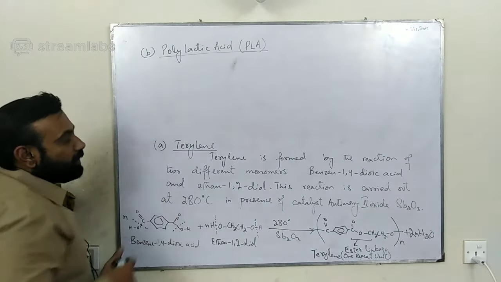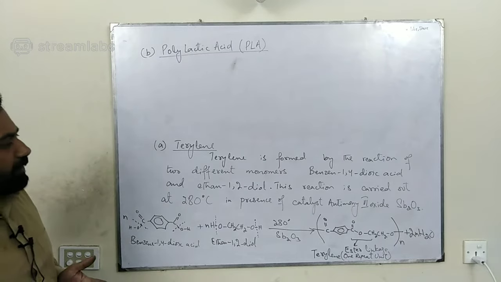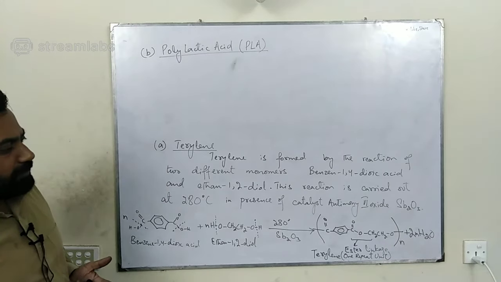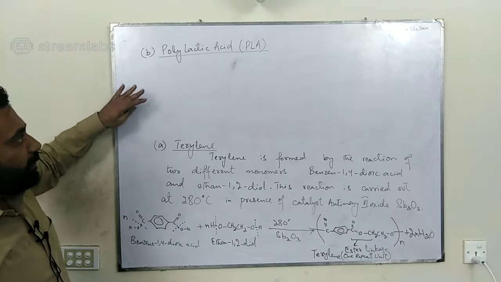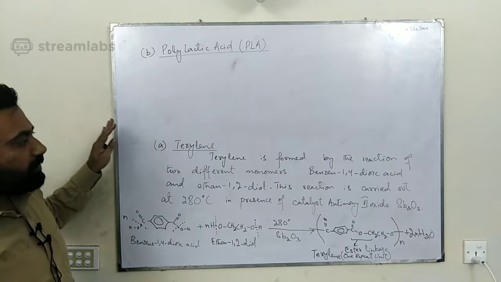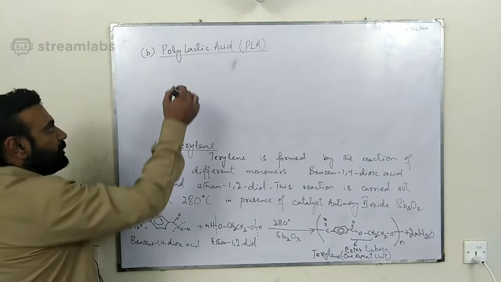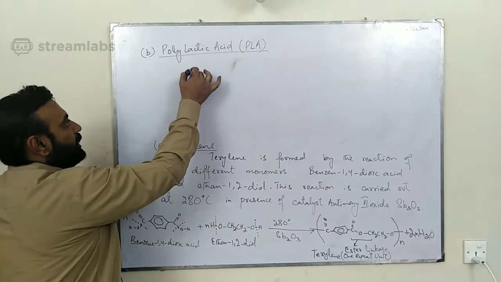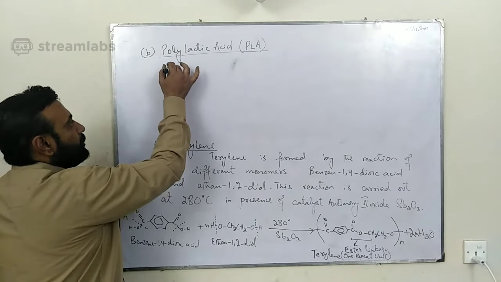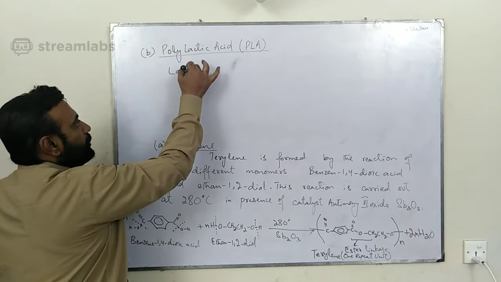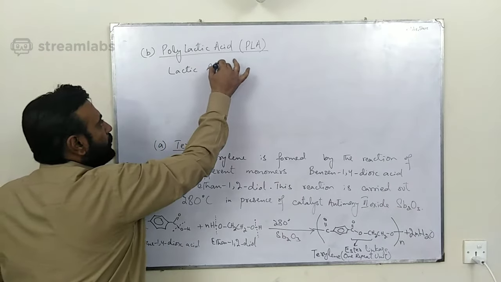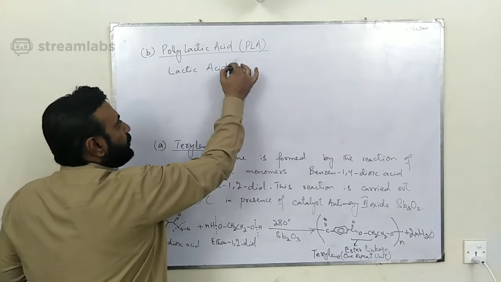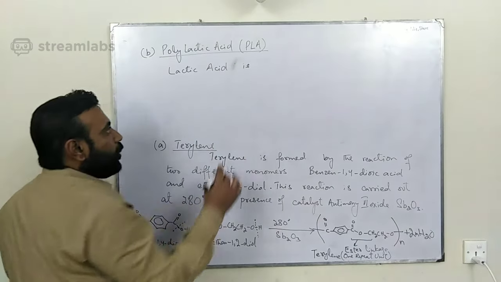Now, in order to construct the structure of this polylactic acid, we first need to know the structure of lactic acid. See, lactic acid is the common name of the acid.